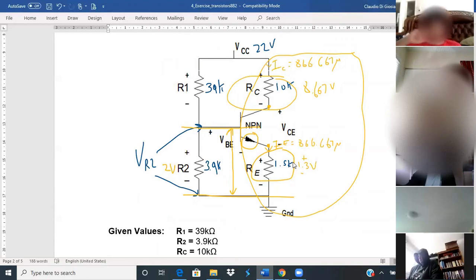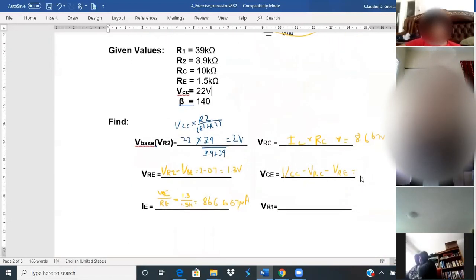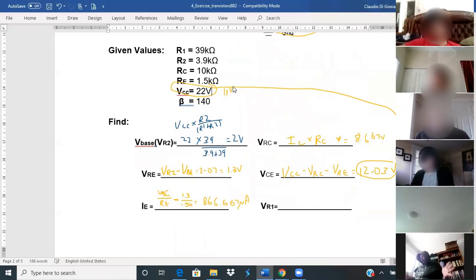And what we're left with is 12.003. The voltage between collector and emitter is 12.03 volts. So 12.03 volts is approximately half of VCC. Half of VCC would have been 11 volts, so we're off by less than 10%. So it'll be a good amplifier.